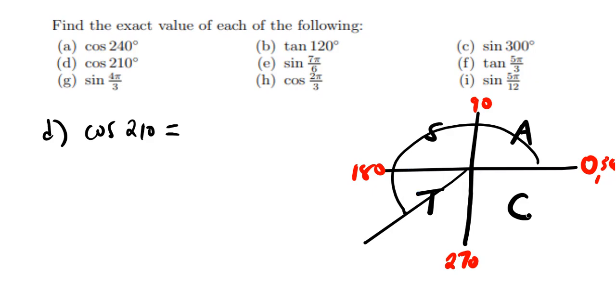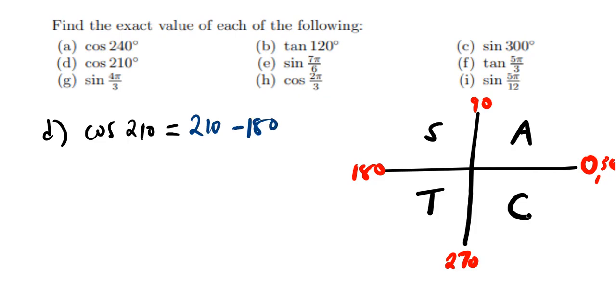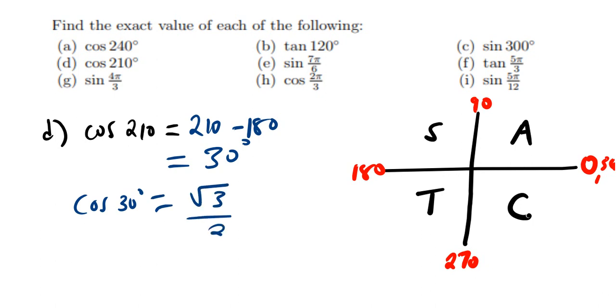So let's do that. We're going to subtract 180 from that. So 210 minus 180, and when we do that, what do we get? We're getting 30. Okay, now cos 30 degrees, you know that this is just the same as root 3 over 2.